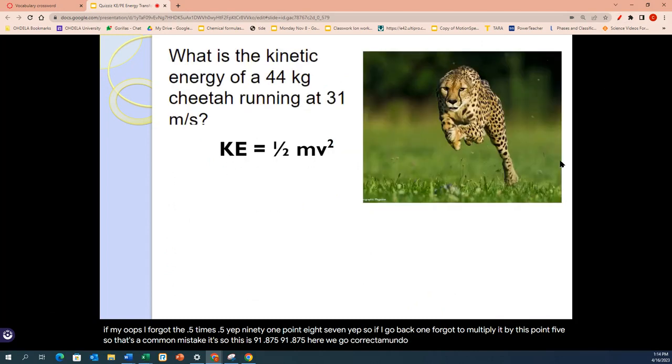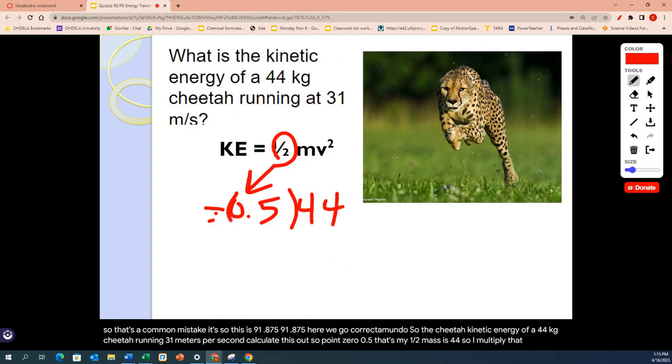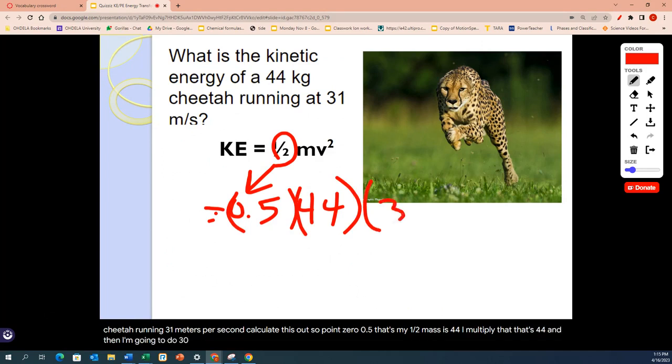All right. So the cheetah: kinetic energy of a 44 kilogram cheetah running 31 meters per second. Let's calculate this out. So 0.5, that's my 1/2. Mass is 44, so I'm going to multiply that. And then I'm going to do 31 times 31.